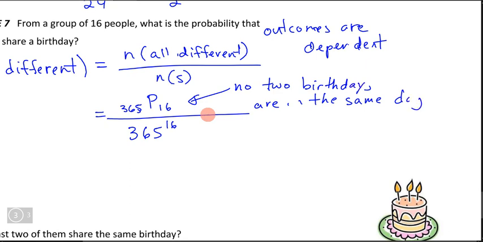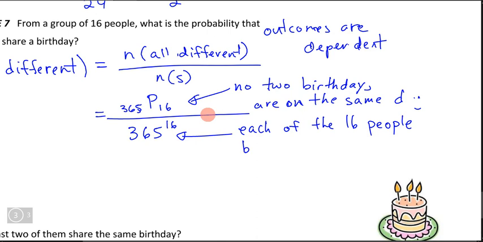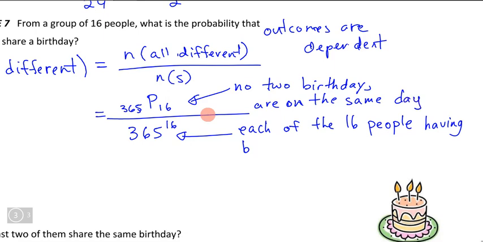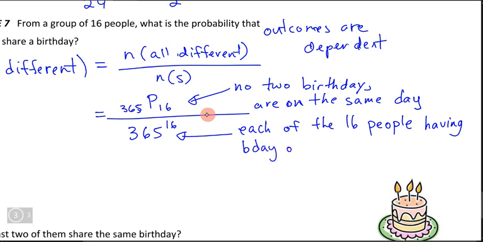And the second part here, down at the bottom, this is each of the 16 people having a birthday on one of a possible 365 days.